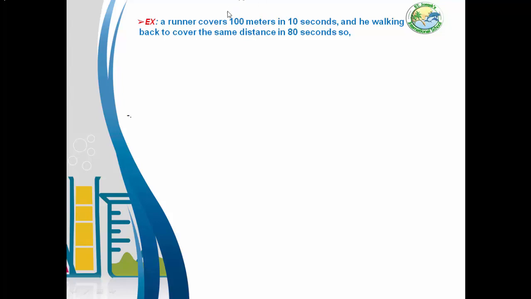Let's start with the racer's average speed while running. The average speed is distance divided by time. During running, he covers 100 meters in 10 seconds. So the racer's average speed during running equals D divided by T, equals 100 divided by 10, equals 10 meters per second.